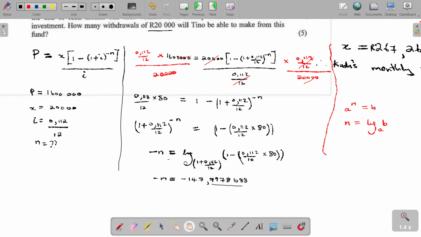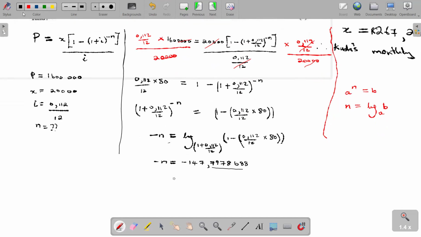So we are saying there are 147 withdrawals of 20,000.